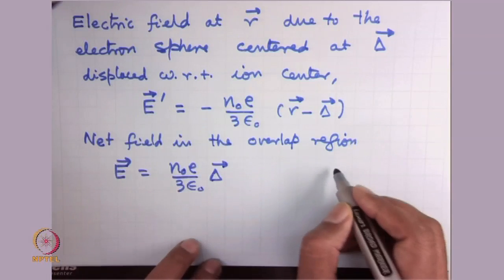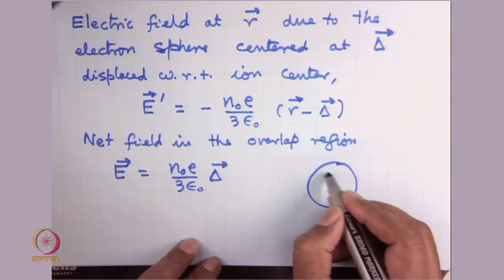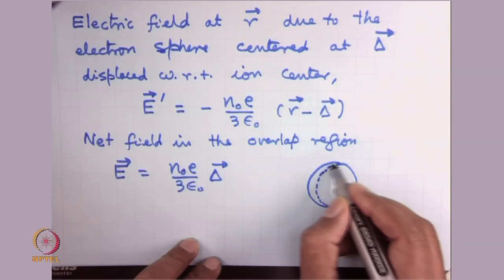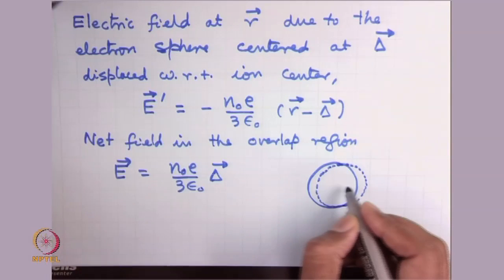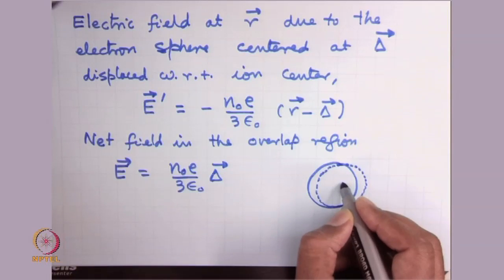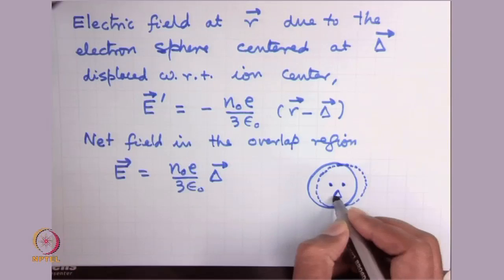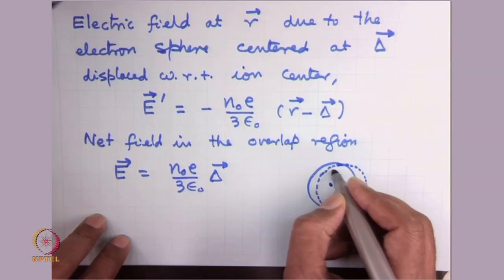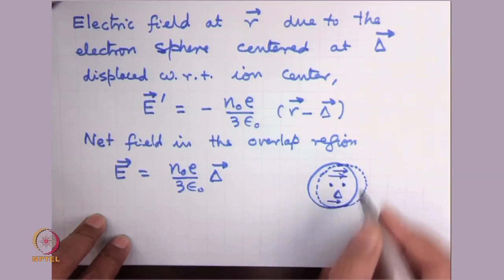So, let me draw a picture. I have an ion sphere, then I have a displaced electron sphere. The center of the electron charge is here, the center of the positive charge is here, the distance here is delta. So, we find that the electric field is in the direction of electron displacement, is in this direction, and it is uniform.